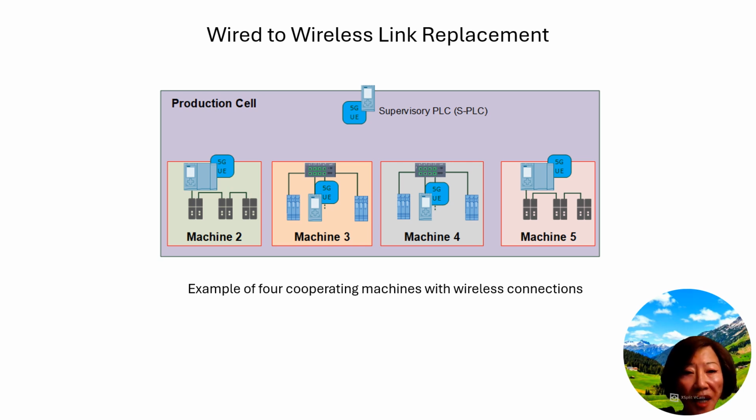To enhance flexibility in the production setup, these wired connections are being replaced with wireless links. Consider a scenario where 2 or more machines, typically 4 or 5, collaborate during production. To replace the cables, each machine is outfitted with a UE device, user equipment device, which connects to the controller.